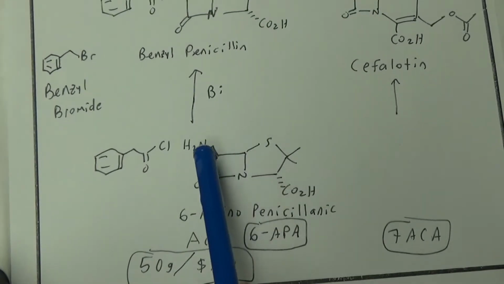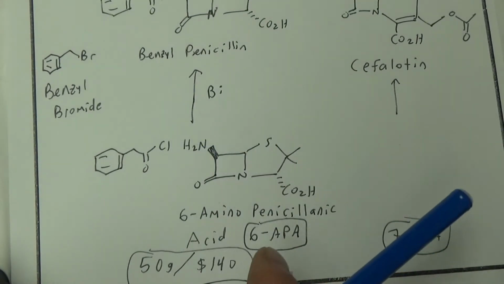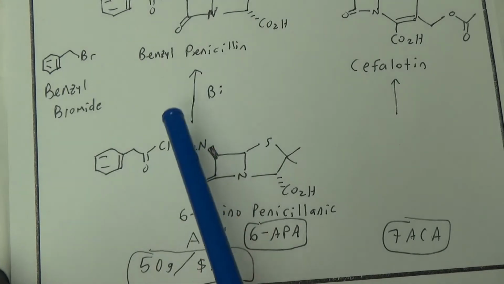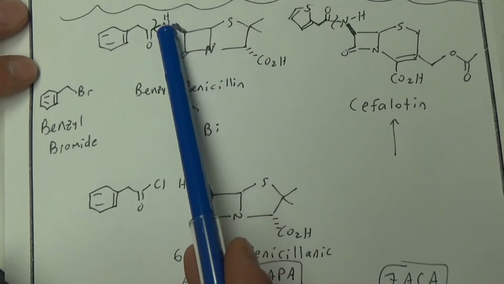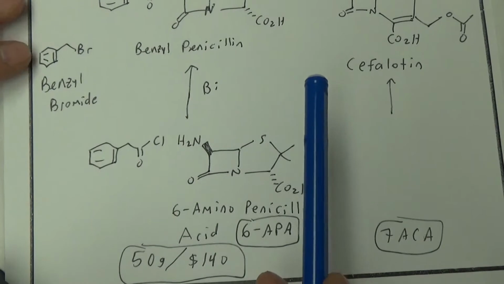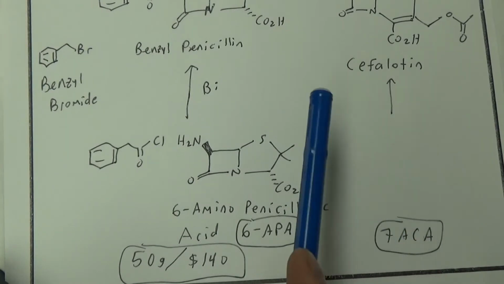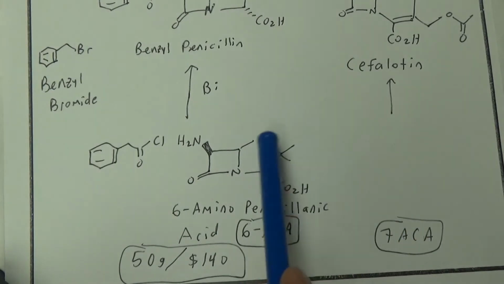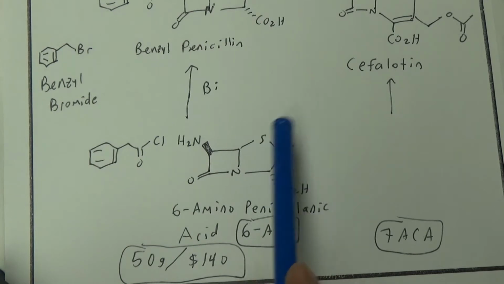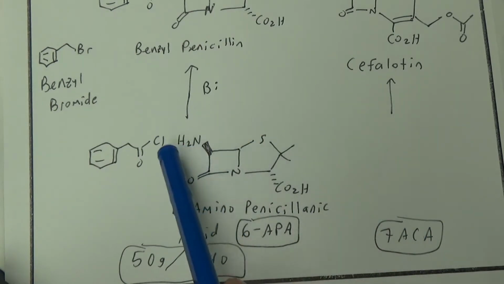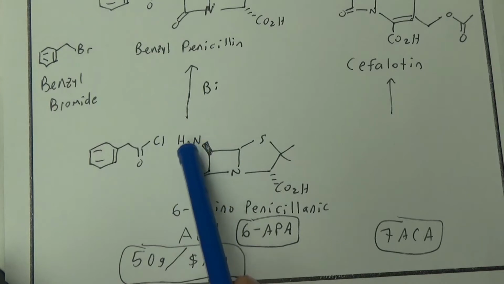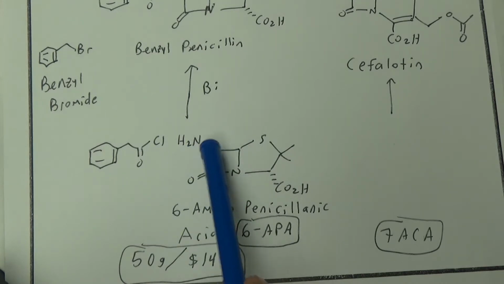Like in this example, we're reacting an amine with an acid chloride to make the amide linkage, right? We talked about EDCI and peptide coupling or amide coupling reactions, and those can be used also. We'll show that just for an example in a few minutes.